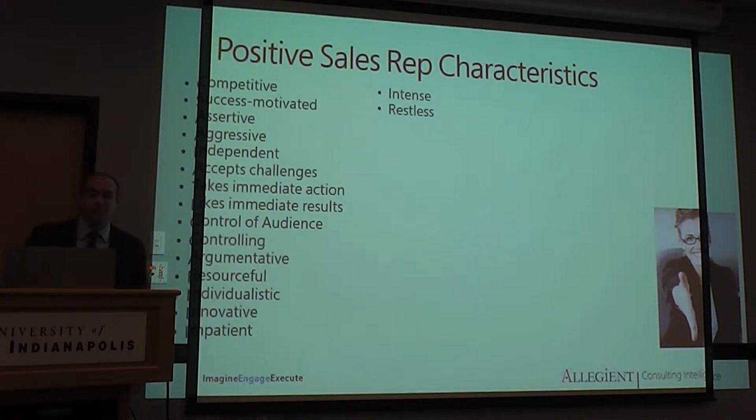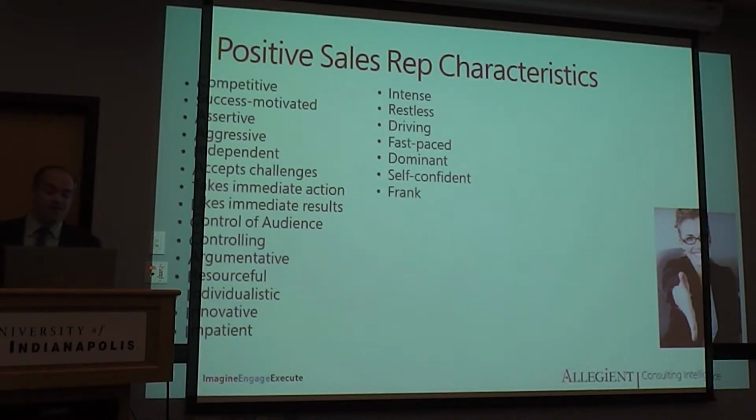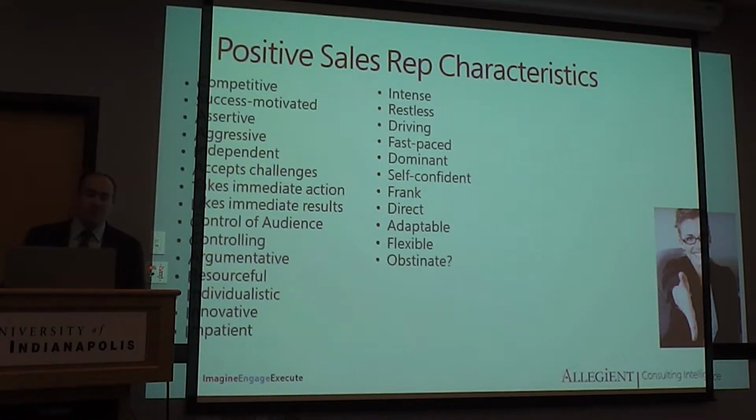Intense, restless, driving, fast-paced, dominant, self-confident, frank, direct, adaptable, flexible, obstinate. Again, it's their job to not take no for an answer. Now, I'm not saying with any of these that you should be expecting a salesperson to be insubordinate to their manager or anything like that, right?